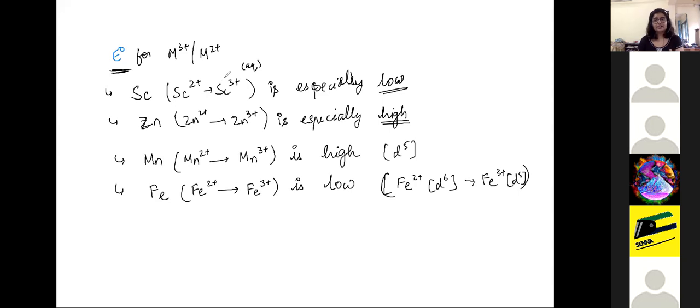A lot of reactions that you do with D block elements are also going to be in aqueous form, which is why, even when you have slight anomalies because of the enthalpy of hydration, the standard electrode potential reflects their basic reactivity in aqueous solution, and is considered to predict their chemical nature.